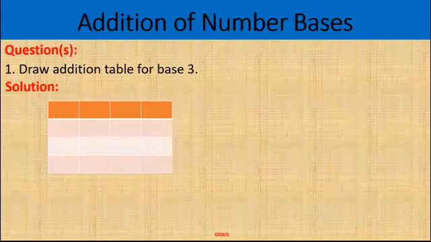Because you need symbols 0, 1, 2, the columns must be 4 because you need 3 symbols. The columns must be 4, and likewise the rows must be 4. And I hope you know rows and columns.